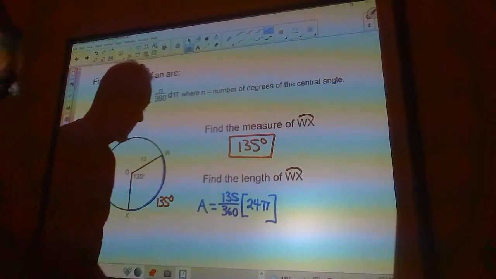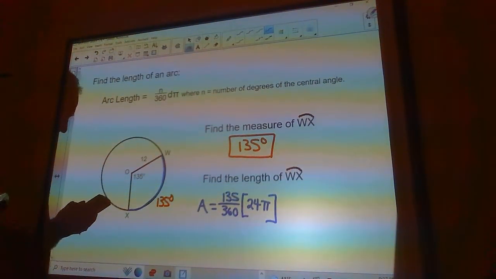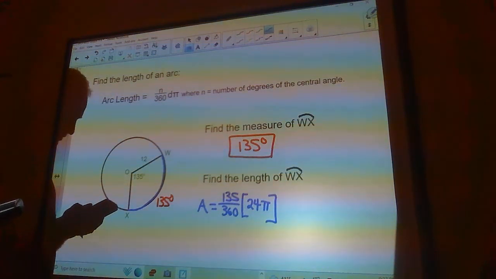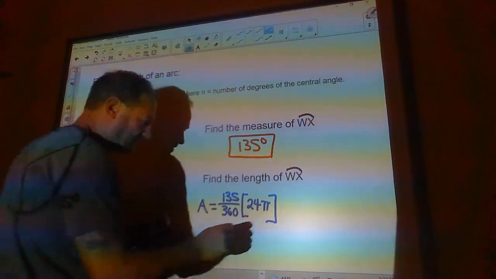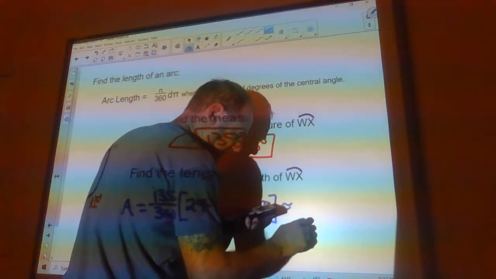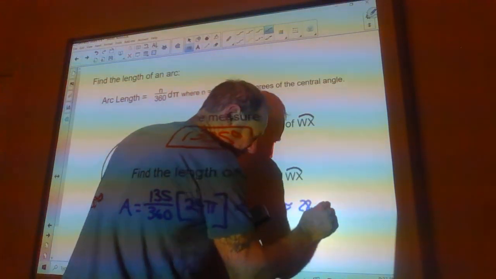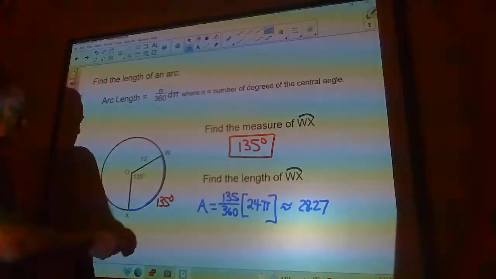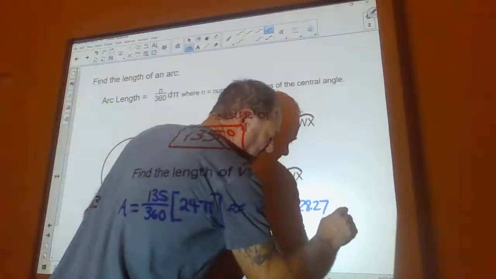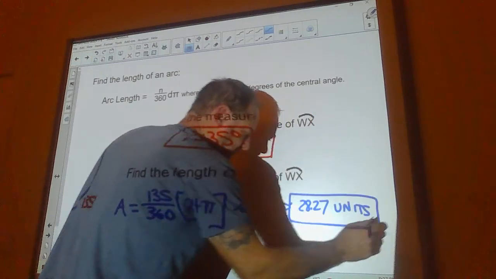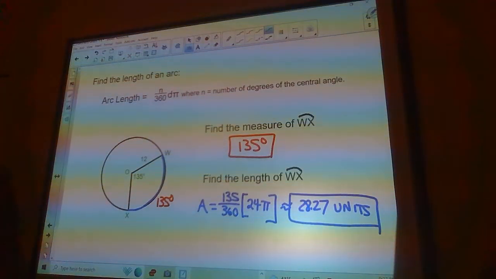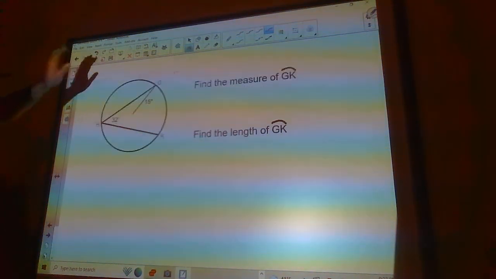Okay, so now I get out my calculator. 135 divided by 360 times 24 pi. And that comes out to be approximately 28.27, and I had no units, so it'd just be units. So there you go. That's how you find your arc length.